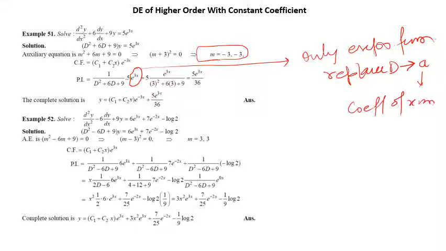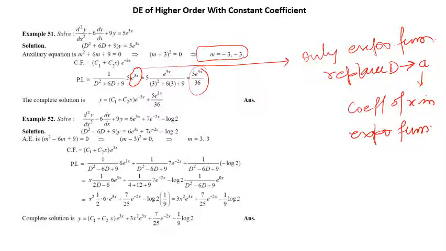Here the coefficient of x is 3, so a equals 3. Replace D by 3, provided that the denominator is not 0. Then D square plus 6D plus 9 becomes 3 square plus 6 into 3 plus 9, that is 36. This is PI and that is CF.